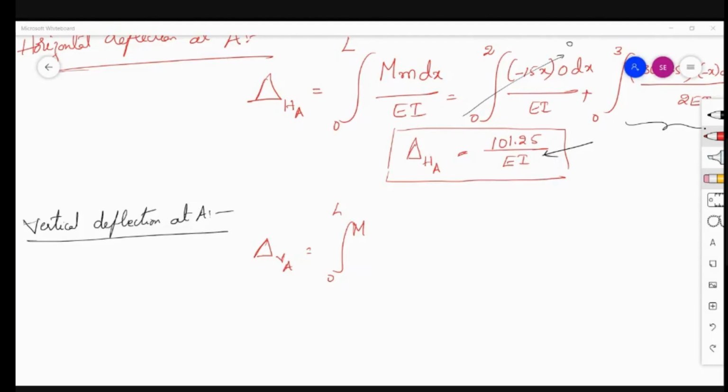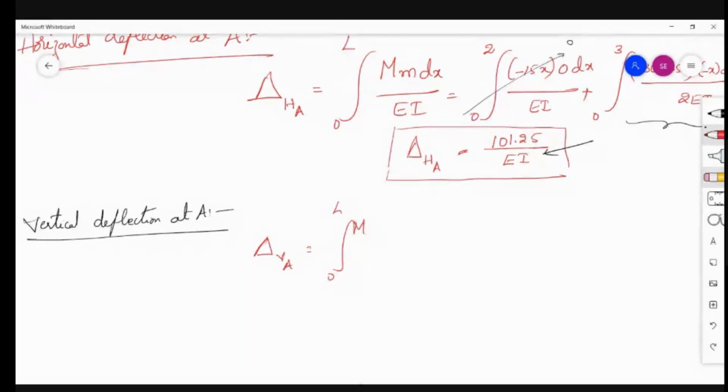So here we are calling it M into M dash. M dash is nothing but the moment at the section due to a unit load applied vertically. Right?